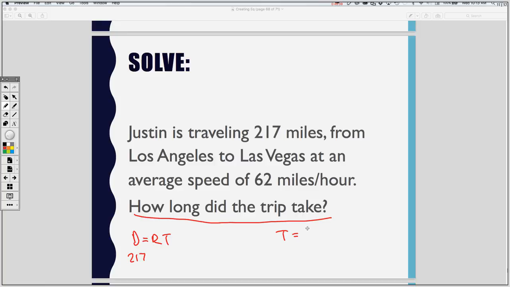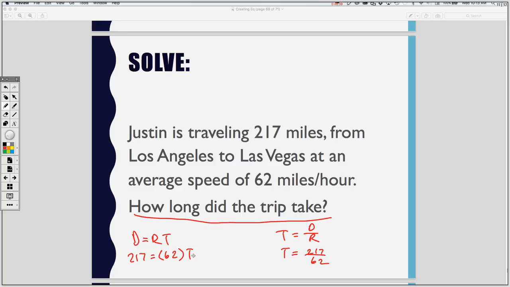Do we know what the rate is? 62. So put parentheses, time. So this one would have been time is what we're trying to find. 217 over 62. So the difference is, at this point, if you were to solve it this way, 62 times t, you would do what? To get t alone. What's the inverse operation here?